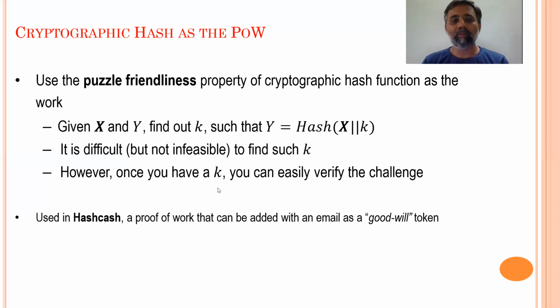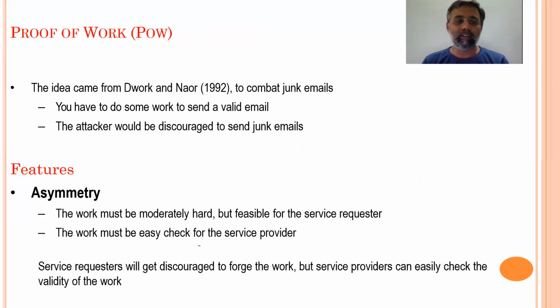However, once you have K, it is very easy to verify the challenge, because if you know X and you find K, then computing the hash code is a very easy task. So the required features of proof of work are both satisfied: the work must be moderately hard but feasible for the service requester, and easy to check for the service provider.